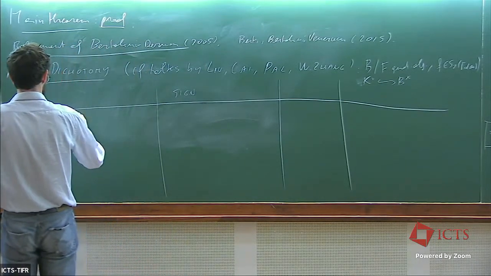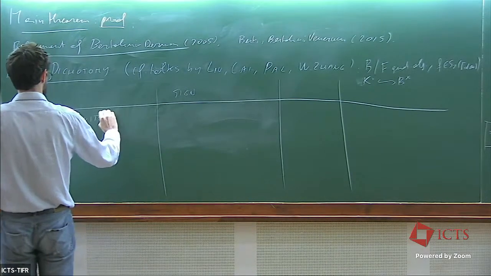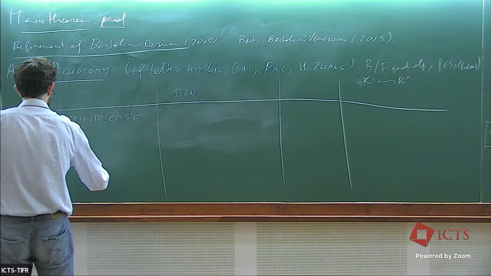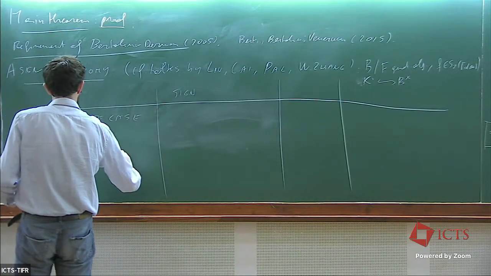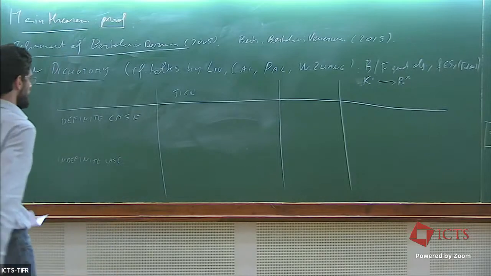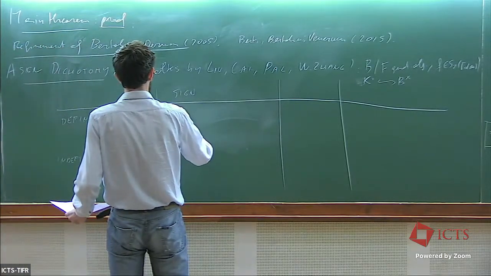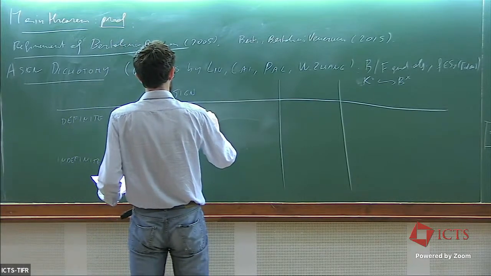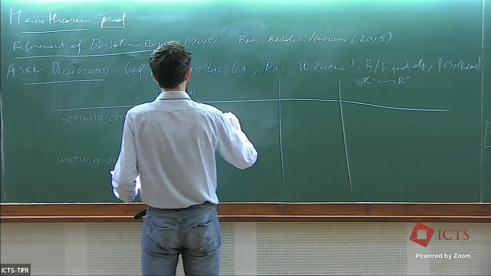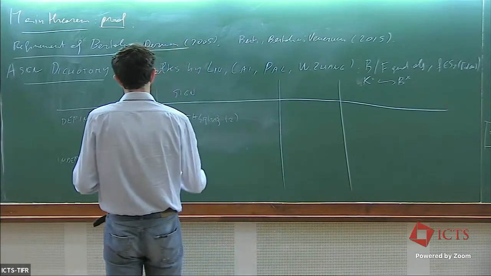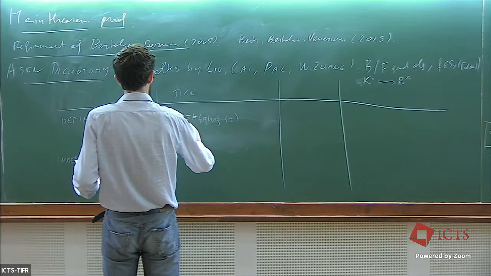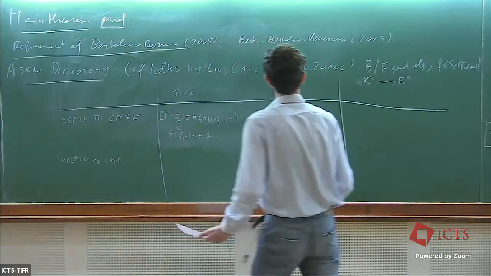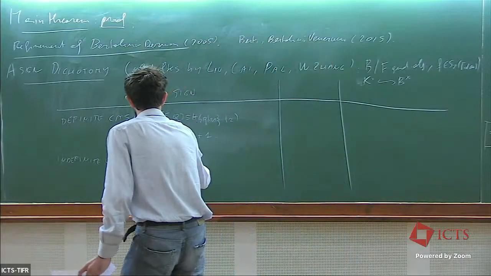There are two cases, which I will call the definite case and the indefinite case. The definite case is when the sign is +1, and this happens precisely when the degree of the field is congruent to the cardinality of the set of primes dividing n, modulo 2. This is equivalent to the fact that the sign of the functional equation is +1. In each case, the other case is exactly the opposite, of course.